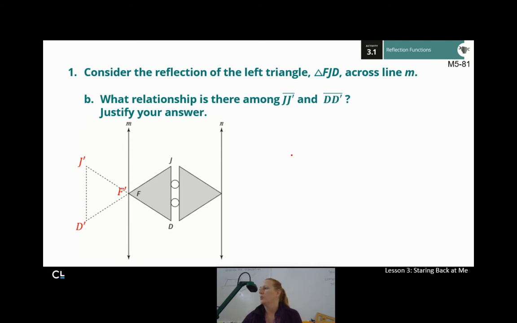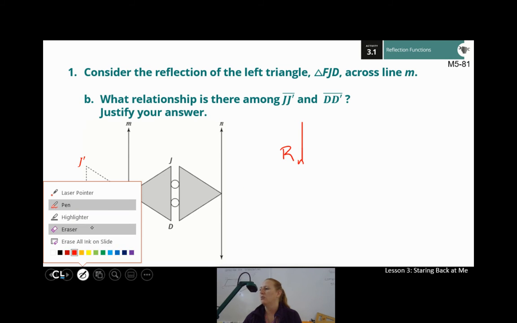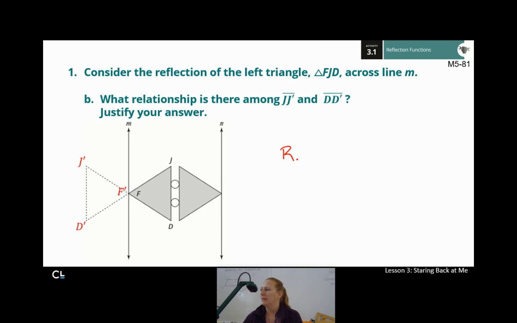So we're saying it's a reflection, so capital R, over line M, so a little subscript M, little baby M, except I can't get my baby M to write nice. I'll work on that. There we go, that's better. Now I'm inputting my triangle FJD.